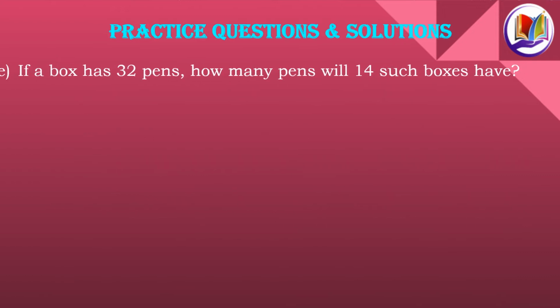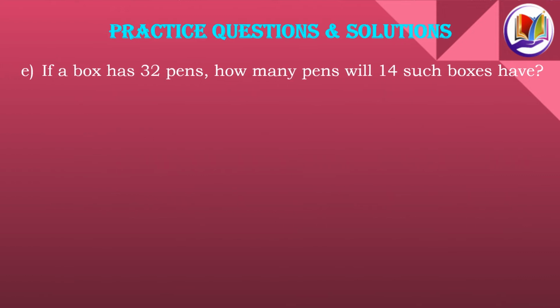Now let's move to the next question, children. If a box has 32 pens, how many pens will 14 such boxes have? Well, one box has 32. So 14 boxes means it would be more, isn't it? So more means what do we do? Well, yes, very good. We would multiply.